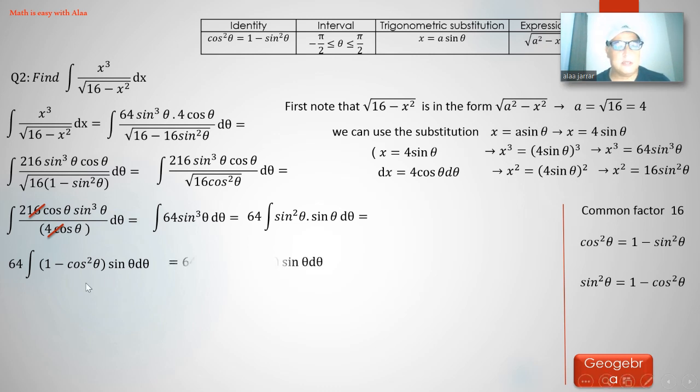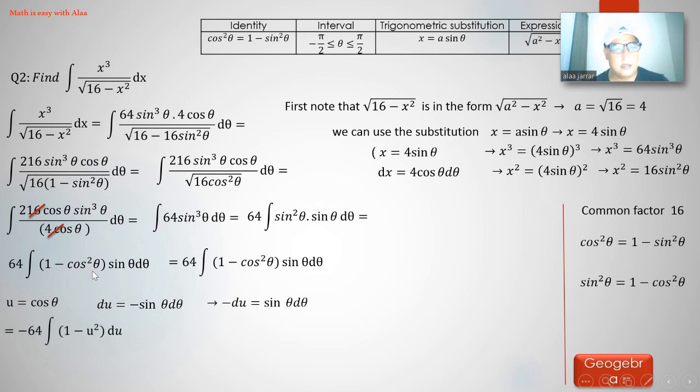We will use the substitution u equals cosine theta and du equals minus sine theta d theta. It means that minus du equals sine theta d theta. Now we will replace cosine theta by u. It will be 1 minus u squared, and replace sine theta d theta by minus du.